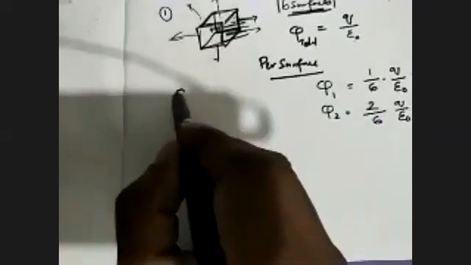And also see, a cube has 6 surfaces and 8 corners.